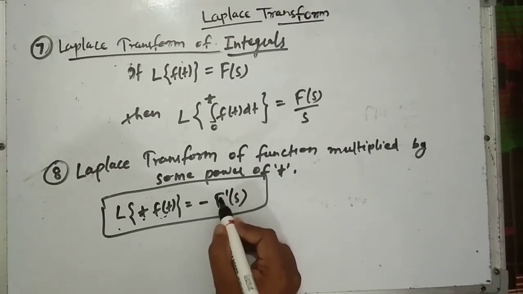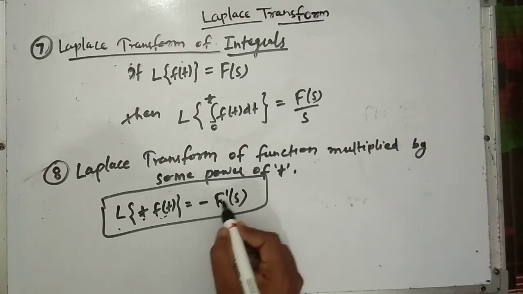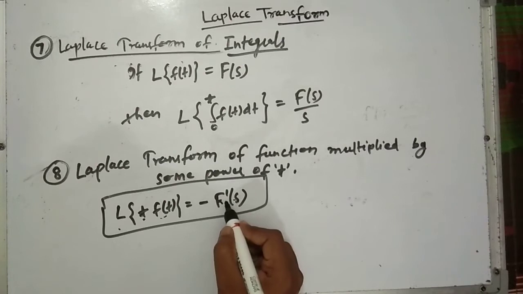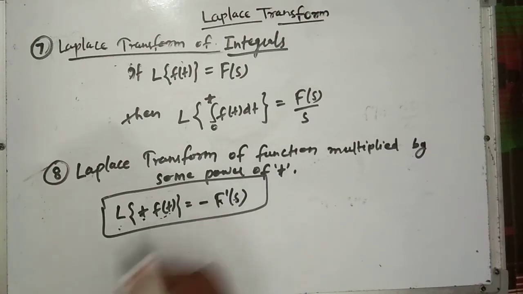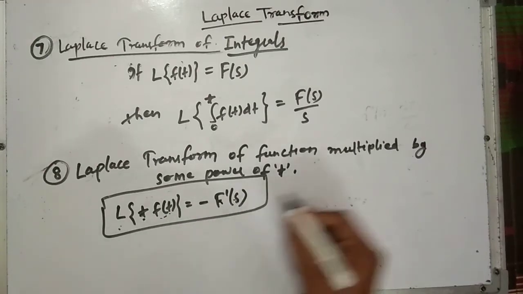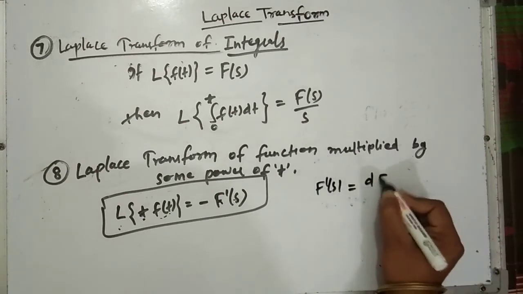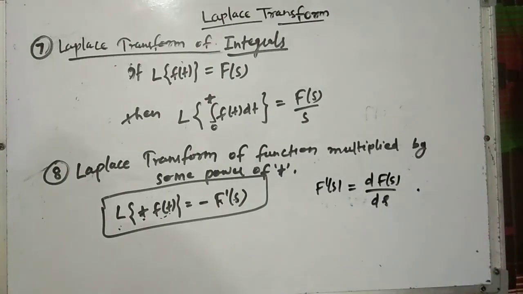So you take this F(s), which is the Laplace transform of f(t), differentiate it with respect to s, and then take one negative sign, and you will get the Laplace transform of t f(t). Here F dash s is nothing but d of F(s) upon ds.